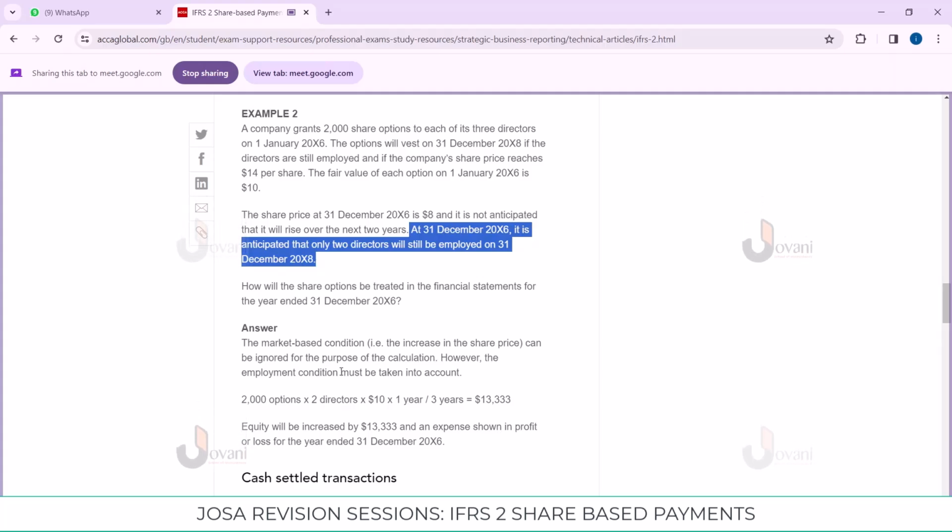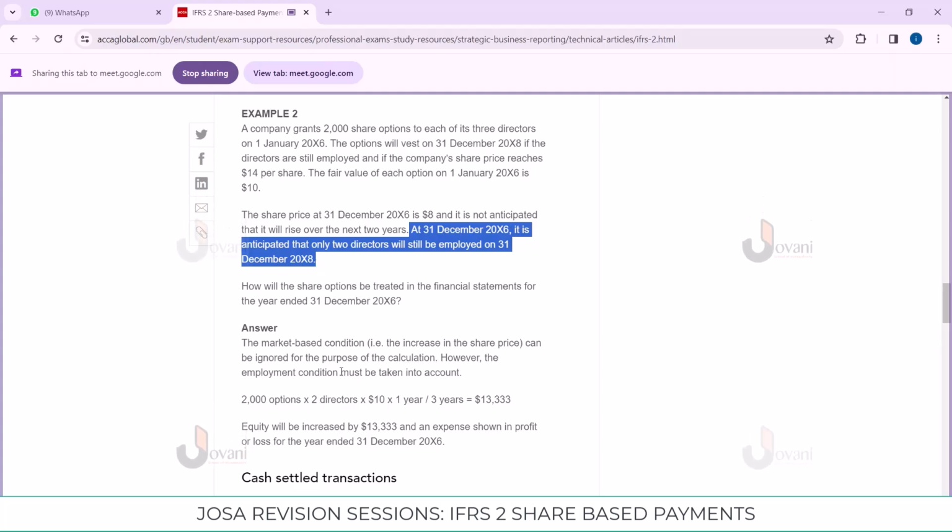Because you must call it an expense for these guys who are going to remain in service, who are likely to fulfill the service condition. Otherwise, you don't say that because the other guy has served 1 year, he qualifies. No. It means that he's going to leave, so he's ready to forfeit that expense or that option.